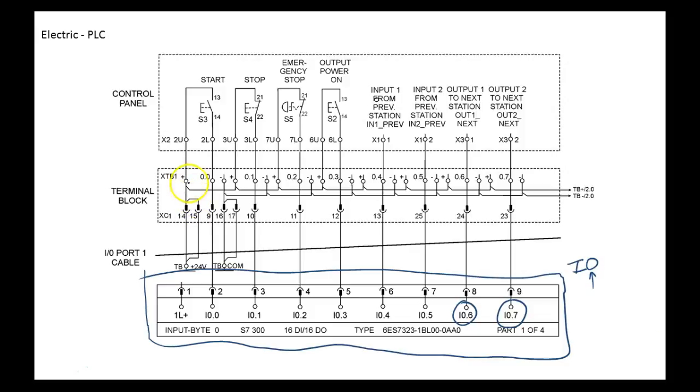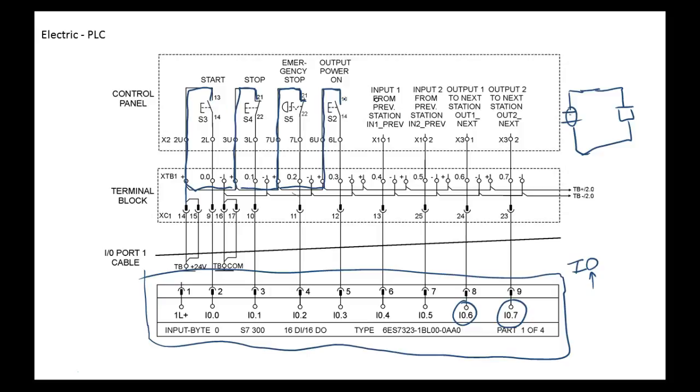This is what we call sinking, because the device that provides the voltage, we call that, and we know a circuit consists of several different things. First of all, we have to have a source, right? And then we have to have a load. Everybody understand that? Okay. So if we look here, notice that all the push buttons are connected to the positive power supply. We call the positive power supply the source, right?